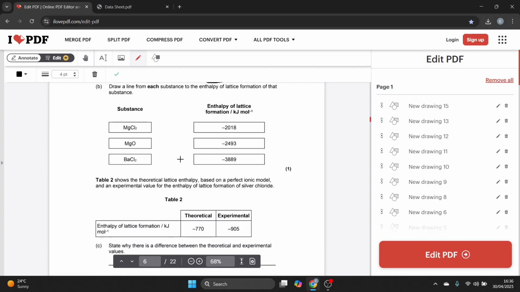Draw a line from each substance to the enthalpy of lattice formation of that substance. Magnesium chloride, magnesium oxide, barium chloride.